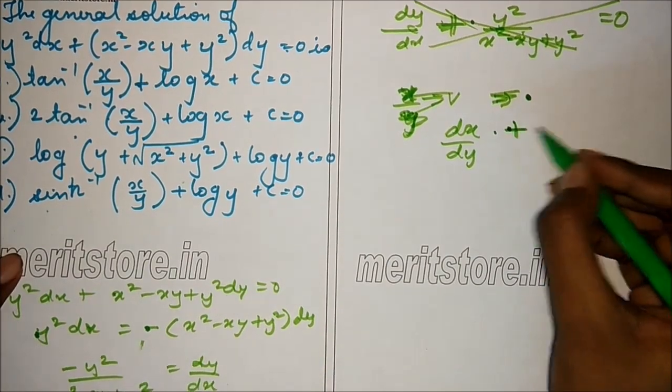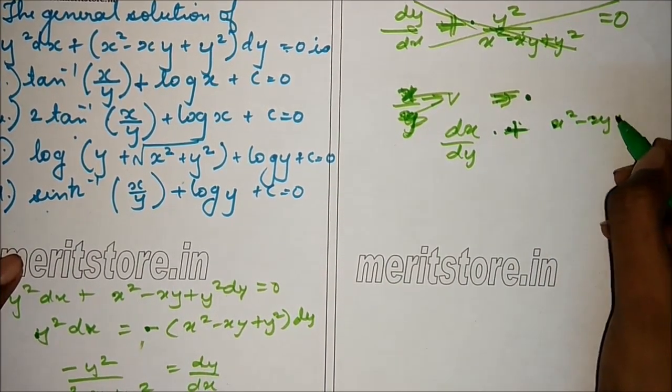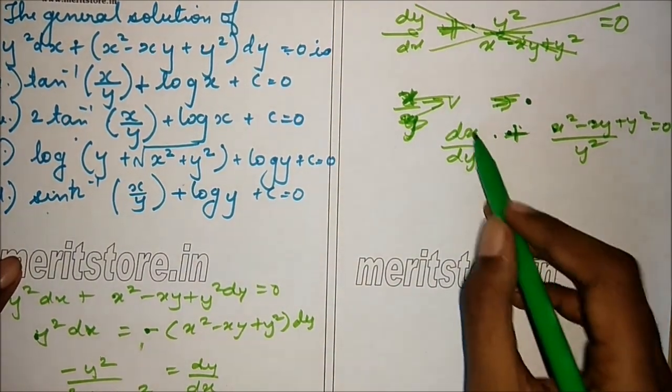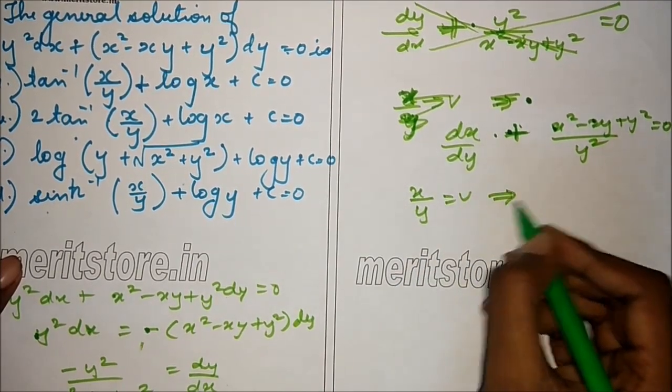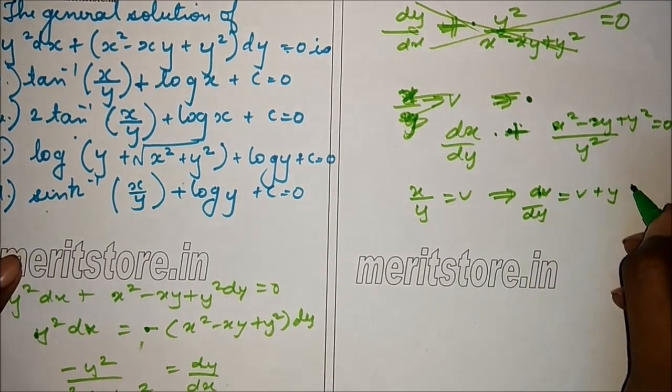So dx by dy plus (x square minus xy plus y square) by y square is equal to 0. So since we have dx by dy, we will put x by y equals v. Therefore, dx by dy will be v plus y dv by dy.